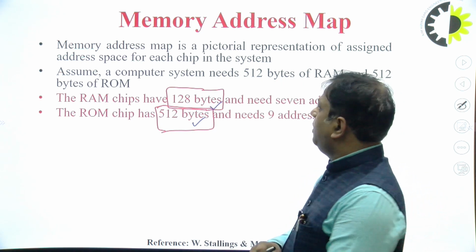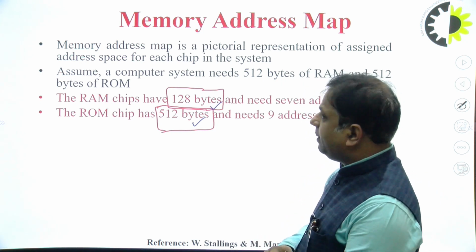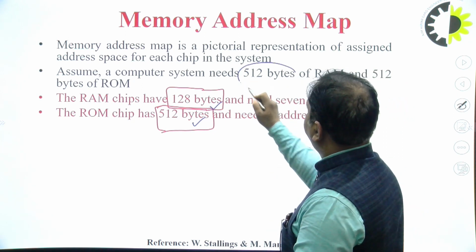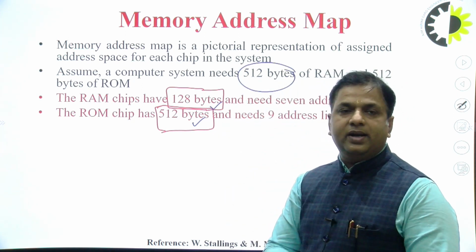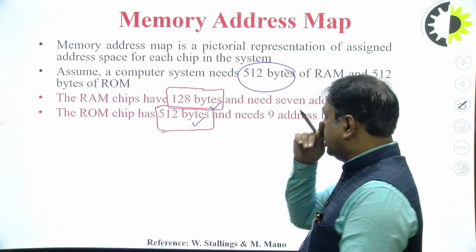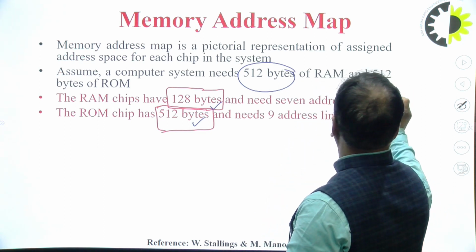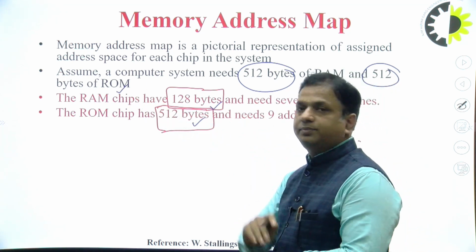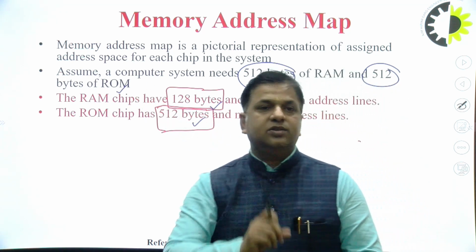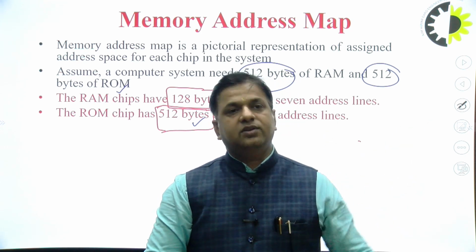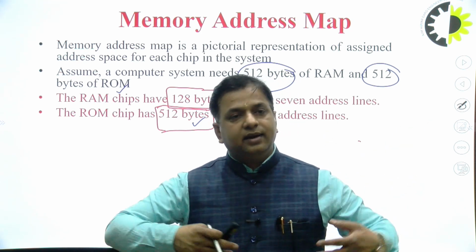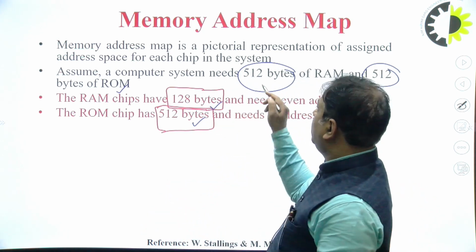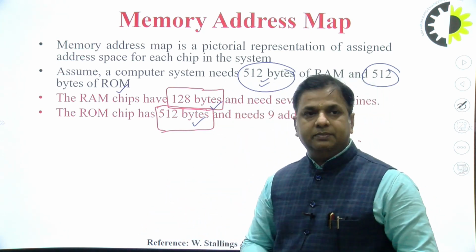But my purpose is to design a RAM of size 512 bytes, and 512 bytes of ROM. I have a smaller size of RAM, but I want to design a larger size of RAM. So how can we interconnect them so they can work as a large size RAM?